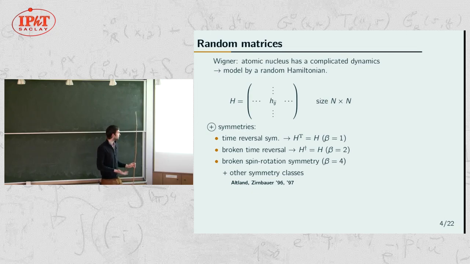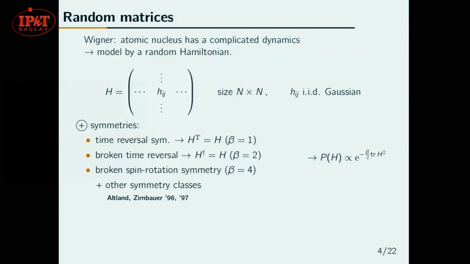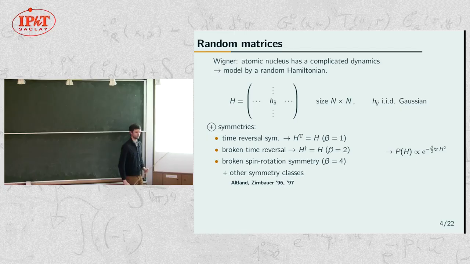The simplest choice is to pick the matrix elements to be independent and identically distributed Gaussian variables, which are either real, complex, or quaternion. In this choice, it's very convenient because then you can write the probability of picking this matrix as the product of all the Gaussians for all the independent elements, which factorizes into this very nice form.